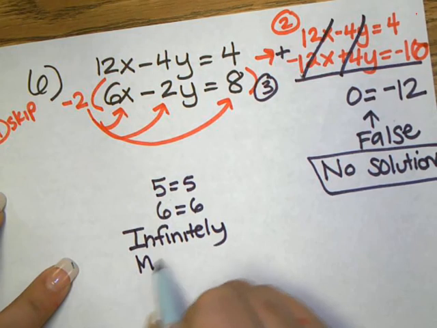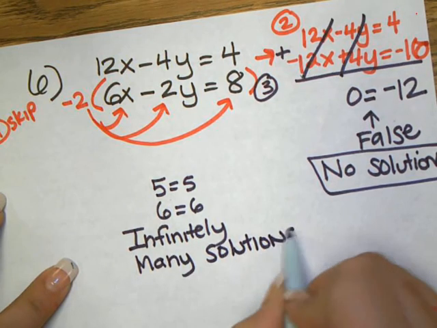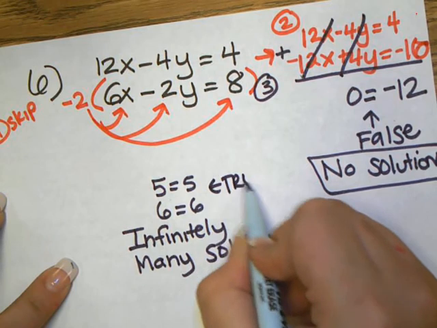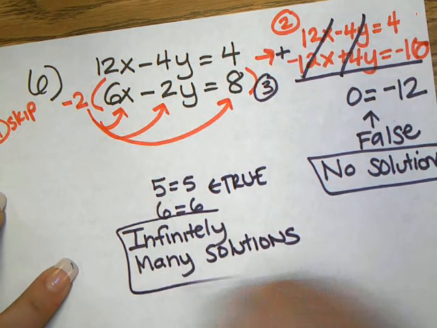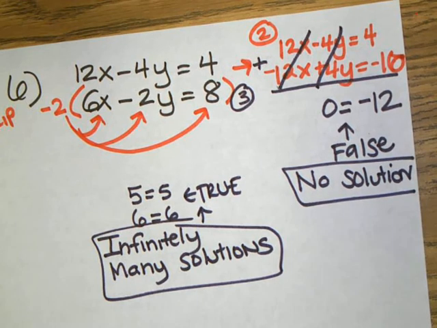If instead we had gotten 5 equals 5 or 6 equals 6, instead of this, that tells us the answer is infinitely many solutions. So if this was true, this would be the answer. But this one was false, so no solution.